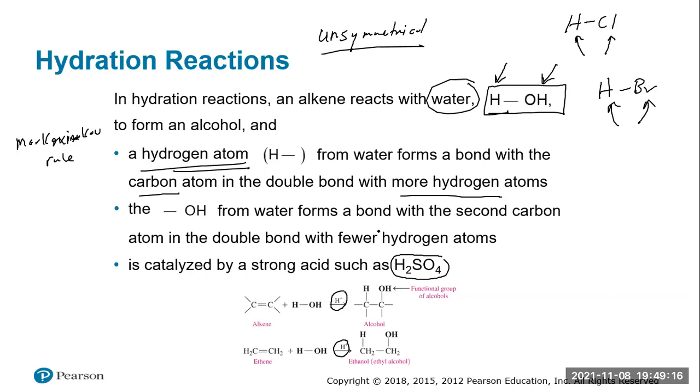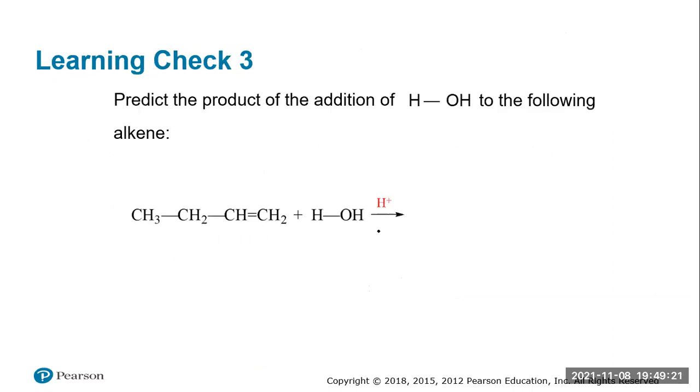So for example, here, let's take a look at this particular one and see what is going to happen. Again, I'm going to redraw it out with all the bonds so we can see all the hydrogens and everything. Might be a little bit easier to follow what's going on. So CH3, CH2, CH, double bond CH2.